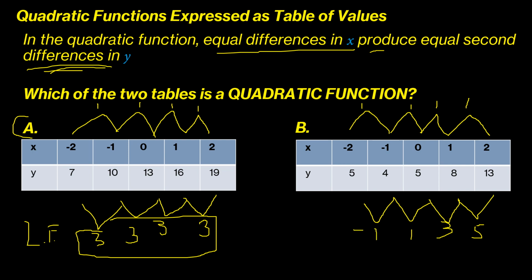So notice that on the first differences, there are no equal results. And if we continue subtracting for the second differences, we have 5 minus 3 is 2, 3 minus 1 is 2, and 1 minus negative 1 is also 2.